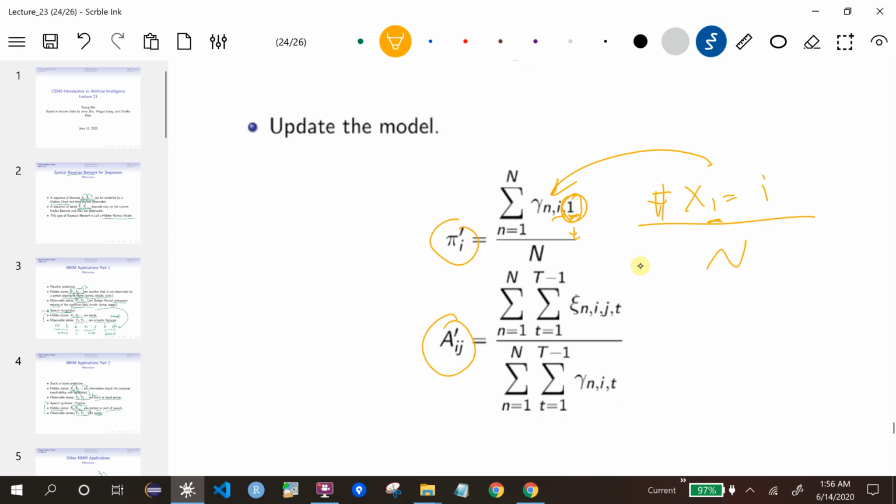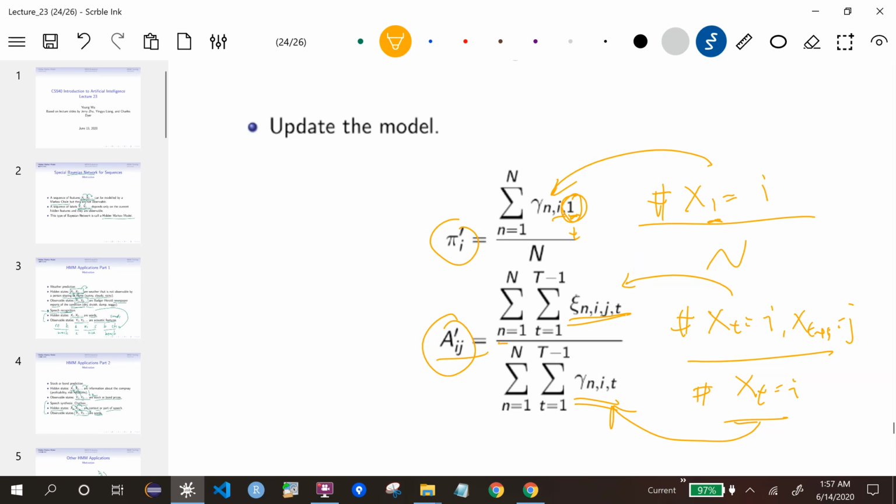And second, these are the transition matrices, and we want the number of times xt is i and xt+1 is j. And remember, we need to divide by the number of times xt is i. So again, these gammas are these marginal probabilities, and these xi's are these joint probabilities, and they basically represent exactly what these frequencies are, and then we just divide them again to get our new transition matrix entries.